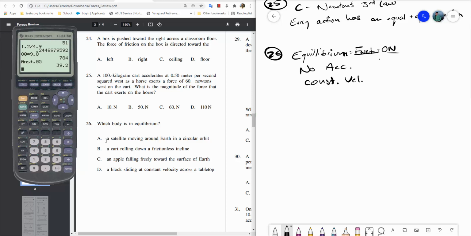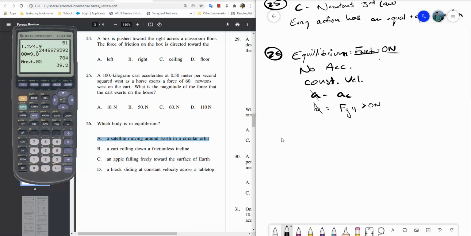All right. So a satellite moving around the Earth in a circular orbit. Circular orbit for A means there's a centripetal acceleration. Can't be A. B, the cart rolling down a frictionless incline. Gravity is going to be accelerating it, the force of gravity parallel. Nope, because it's not 0.